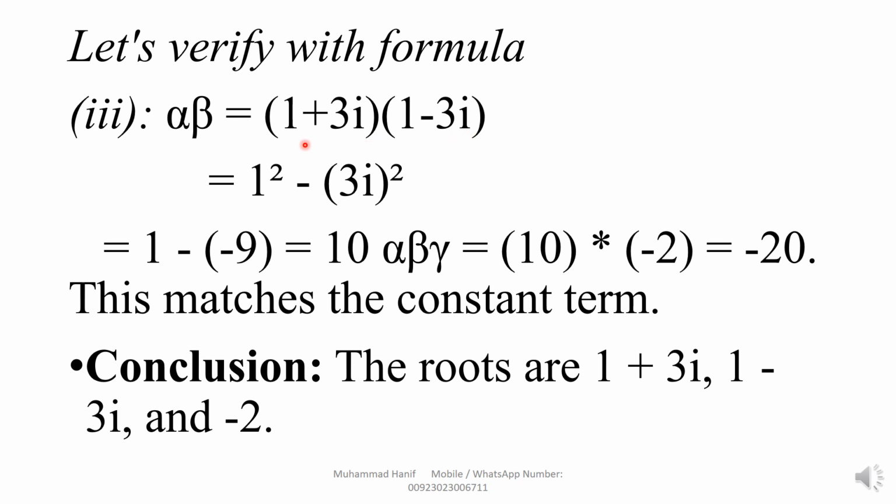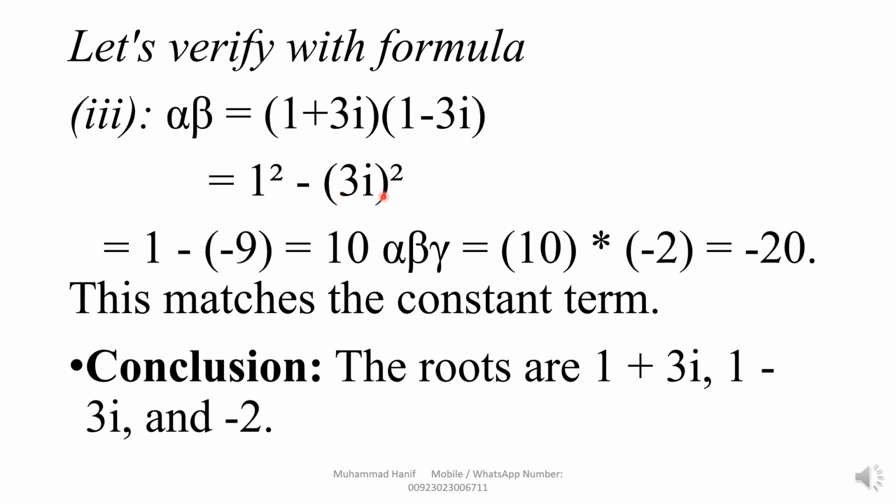So this is 1 square minus (3 iota) square. 1 square is 1, minus 3 square is 9, and iota square equal to minus 1.